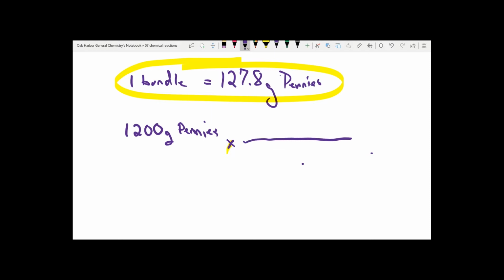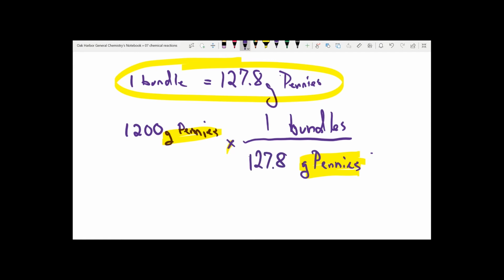I'm going to rewrite that relationship so that this unit on the top is the same as this unit down here. So that means I'm going to write grams of pennies down here, and I'm going to write bundles up here. Well, I know that one bundle is 127.8 grams.